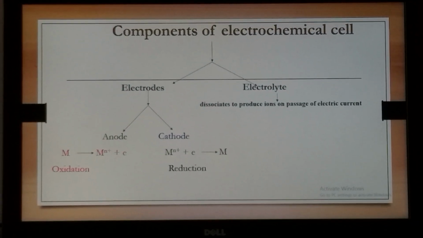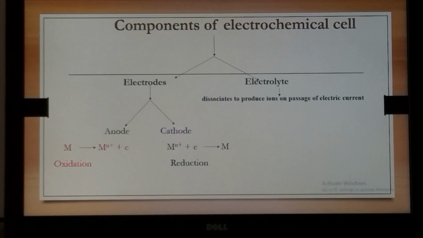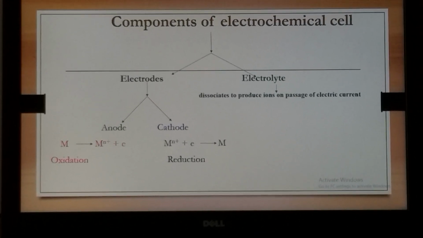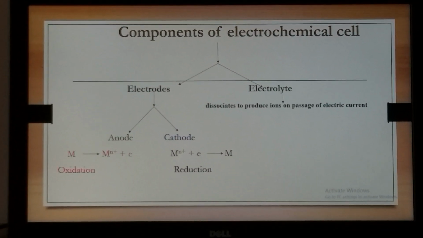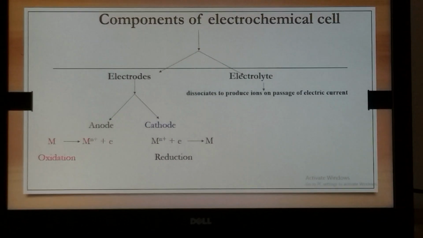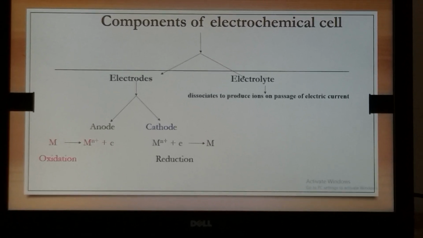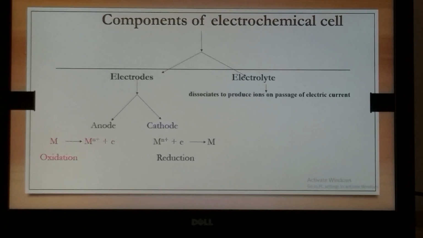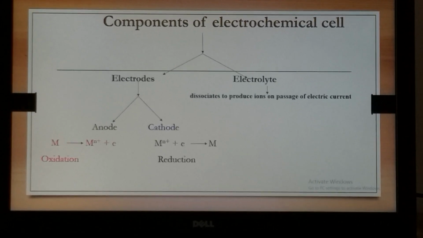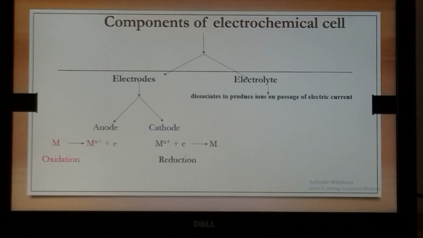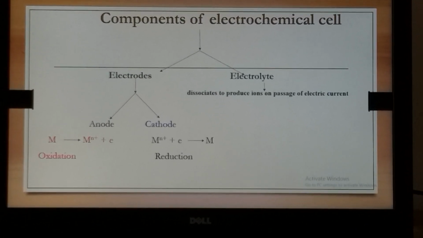The electrolyte is an aqueous solution of a substance which dissociates to produce ions. And the electrodes are the metal strips or metal wires which are immersed in the electrolyte. On these electrodes, the chemical reactions occur.